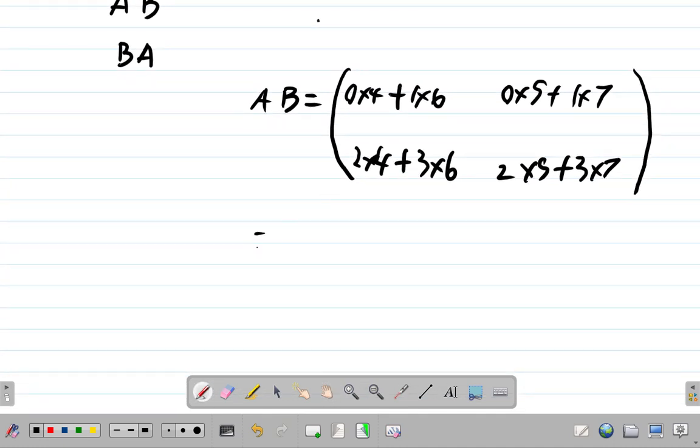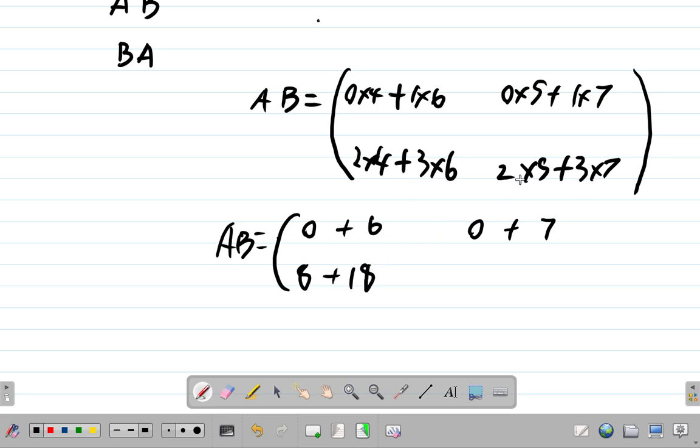What does that give us? AB equals 0 times 4 is 0, plus 1 times 6 is 6, 0 times 5 is 0, 1 times 7 is 7, 2 by 4 is 8, plus 3 times 6 is 18, 2 times 5 is 10, plus 3 times 7 is 21.